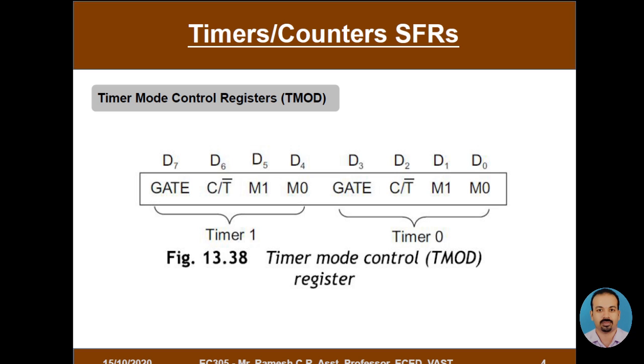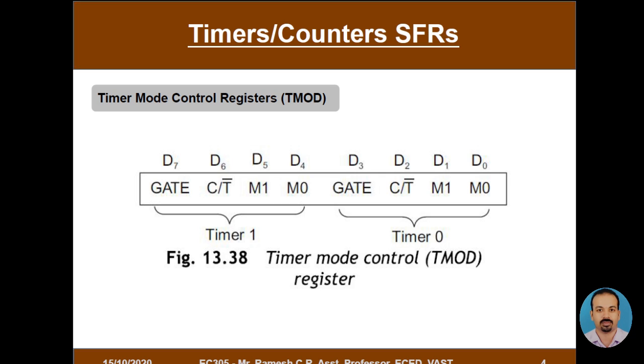This is a bit present in this particular register, which takes care of designating whether the timer module available in our 8051 microcontroller needs to act as a timer or as a counter. If we apply the value C/T bar equal to 0, then the timer module works as a normal timer and it implements some delay. And if I need to implement the counter functionality in our 8051, then I need to configure C/T bar equal to 1.